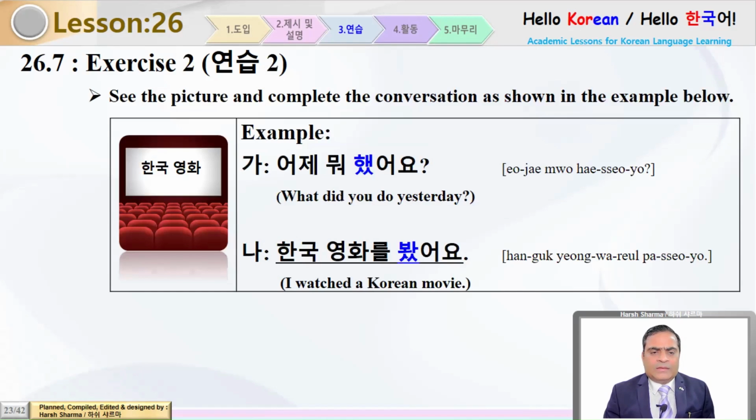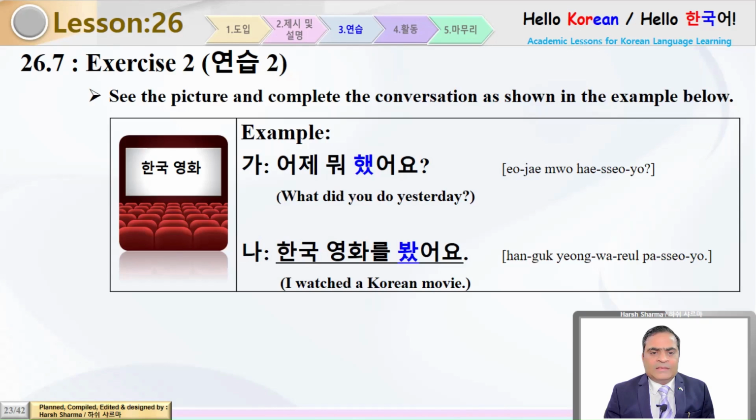After doing the vocabulary change to the past tense, it's time to make the sentences, 여러분. In this exercise number 2, 여러분, what we have to do, see the picture and complete the conversation as shown in the example below. See the example. What is the picture? Picture is written 한국 영화.